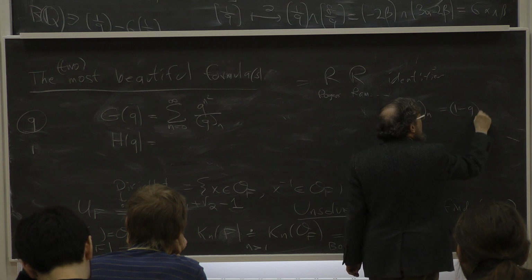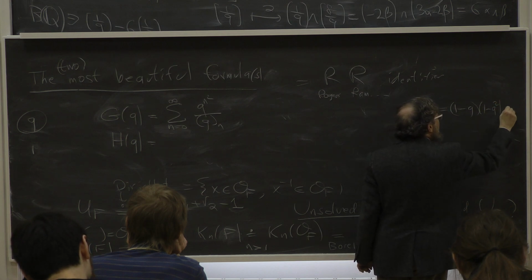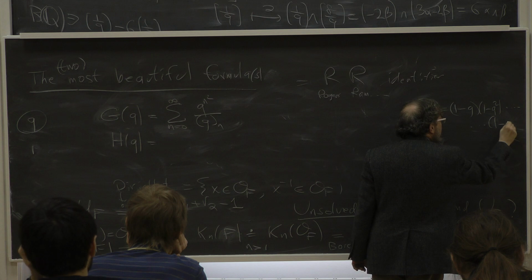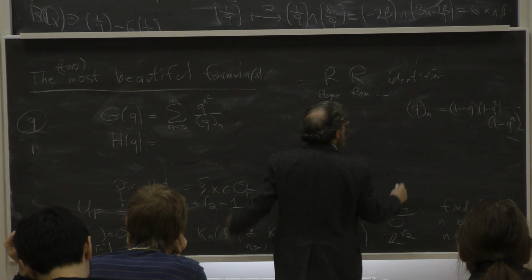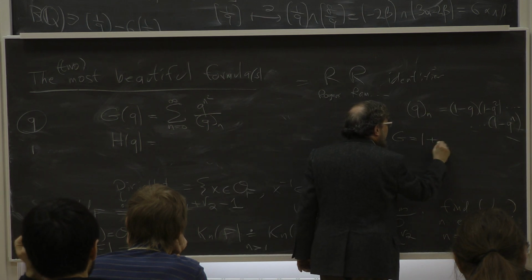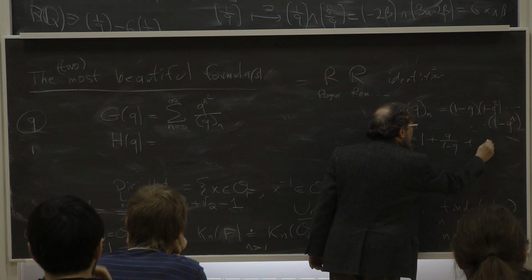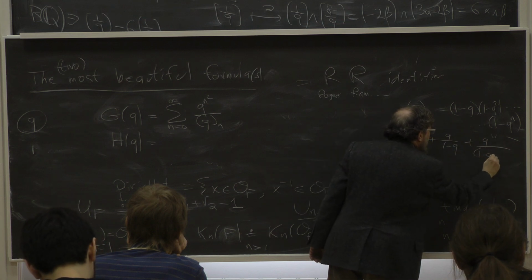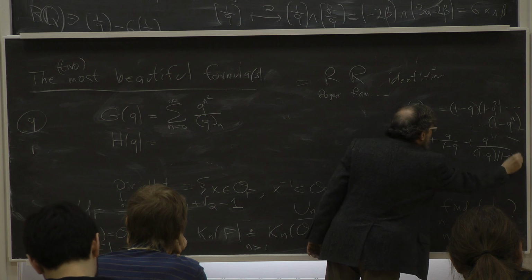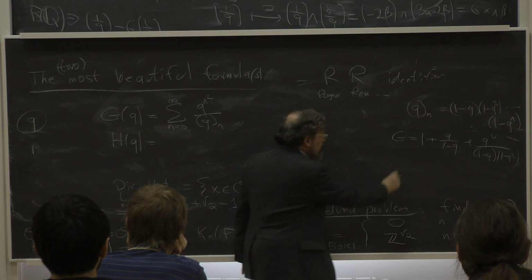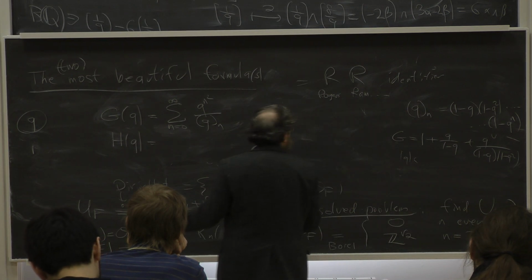It's simply notation for (1 minus q) times (1 minus q squared) up to (1 minus q^n). So this G is 1 plus q over 1 minus q plus q to the fourth over (1 minus q) times (1 minus q squared), and so on.